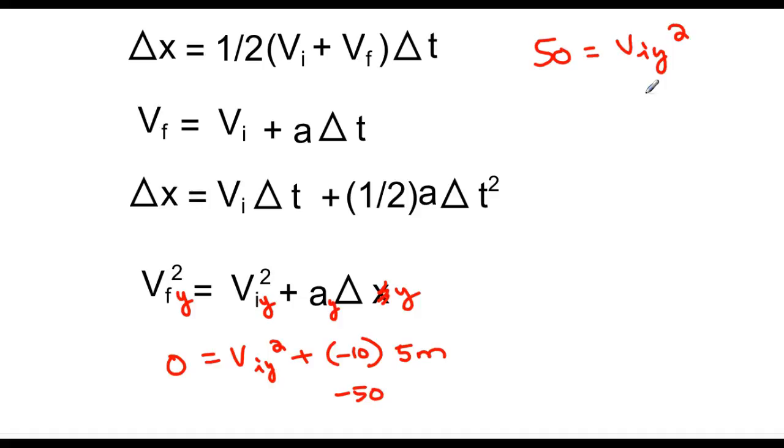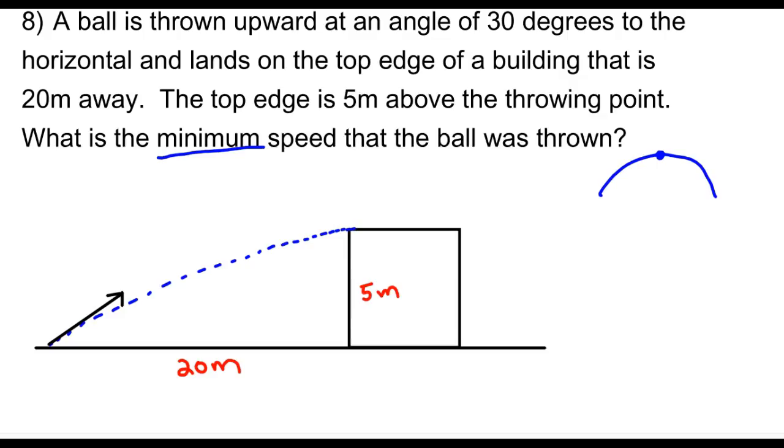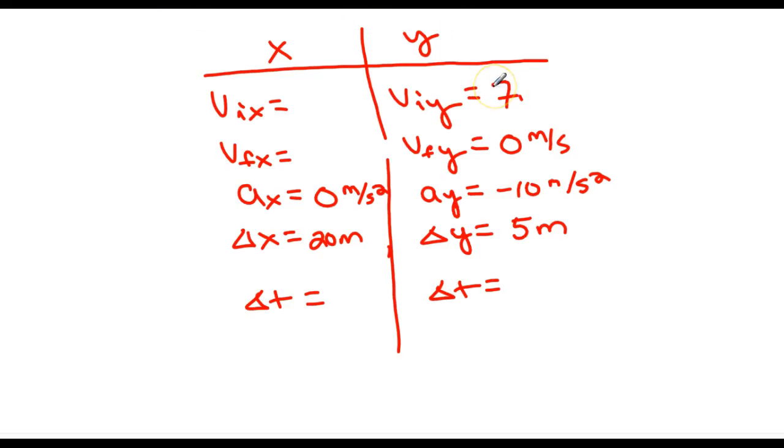Square root both sides, and the square root of 50 should give you 7 point something. Gives me 7.07, and this is in meters per second. That is my velocity in the y direction. So let's go back and write that in. 7.07 meters per second. Now I can solve for delta t pretty easily here.